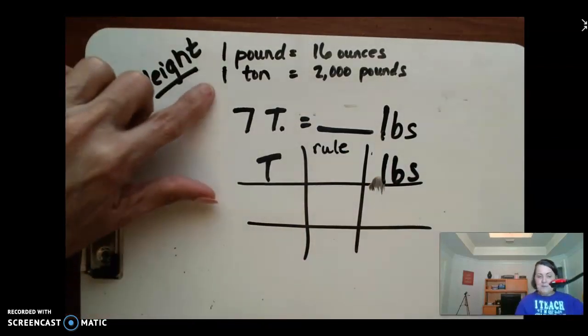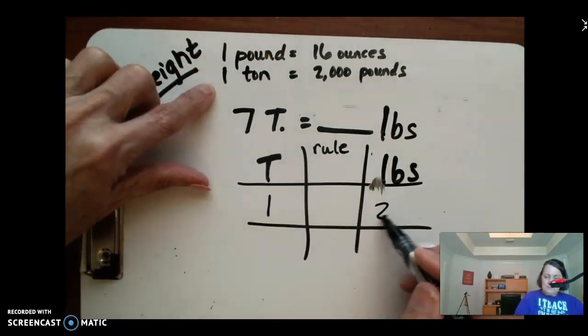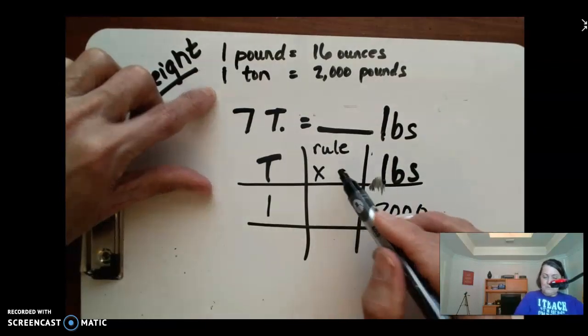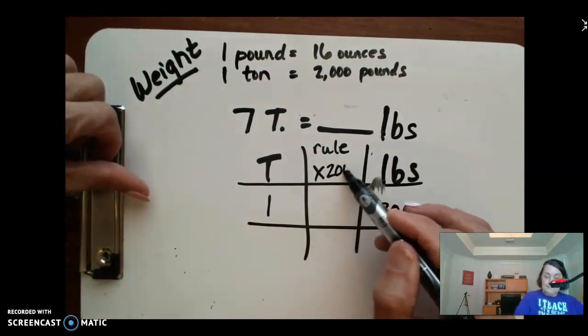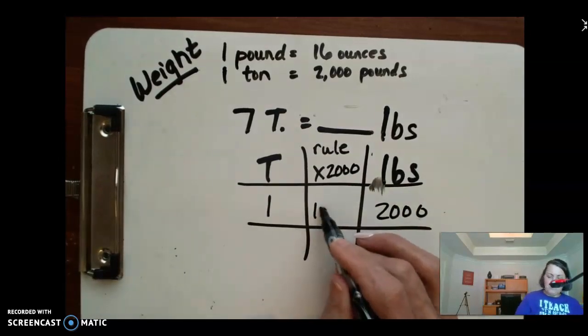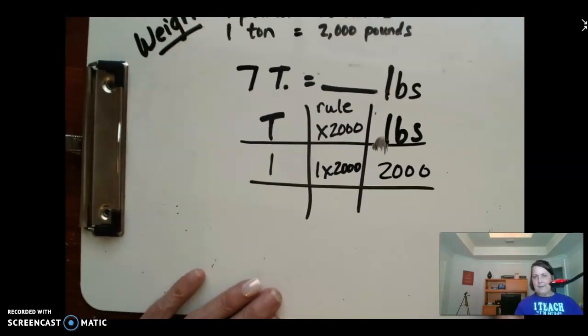And then we had to go and find what our rule is. 1 ton is equal to 2,000 pounds. So what is our rule? Hopefully you wrote times 2,000. And then your expression, you should have written 1 times 2,000. And I know I don't have commas there, but it's okay, promise.